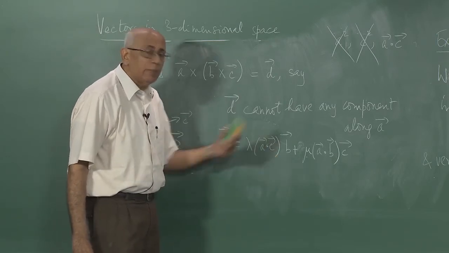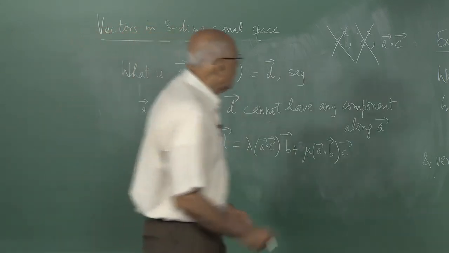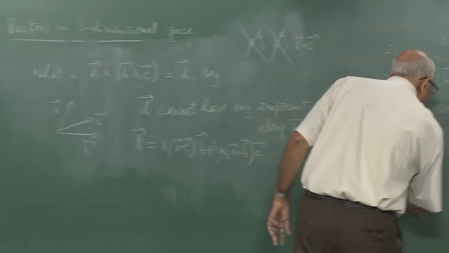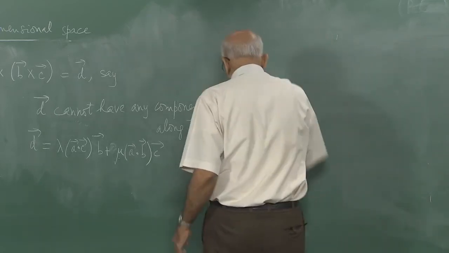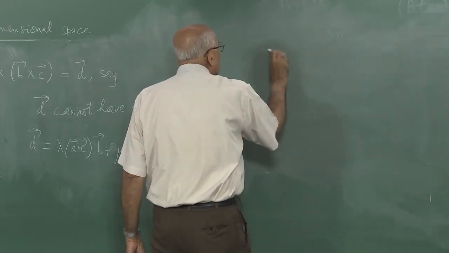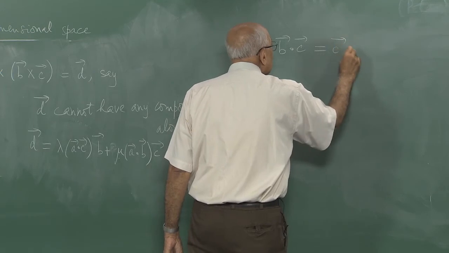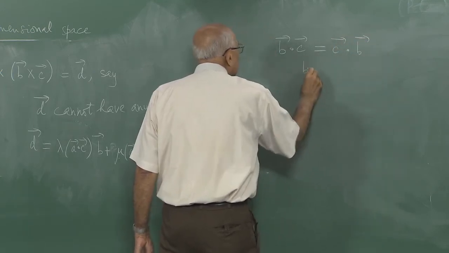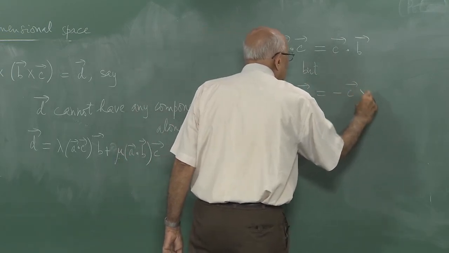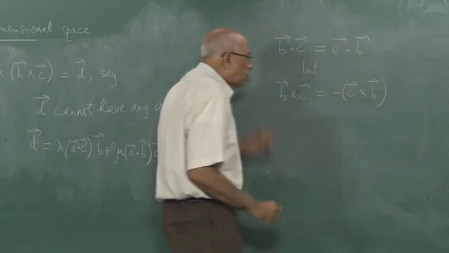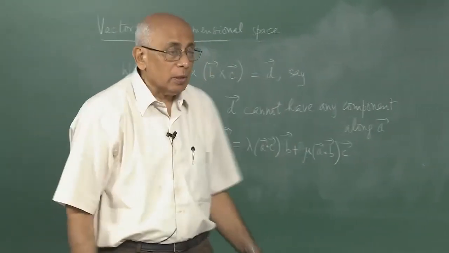Already we see the dependence on A, B, C is explicit, and then there are two unknown numbers here. What do we do next? Well, we argue by saying that the way we constructed the cross product of two vectors was such that B dot C gave a dot product which is the same as taking it in the other order, C dot B, but B cross C is equal to minus C cross B. The cross product was antisymmetric under the exchange of the two vectors in the product, because we wrote the components down.